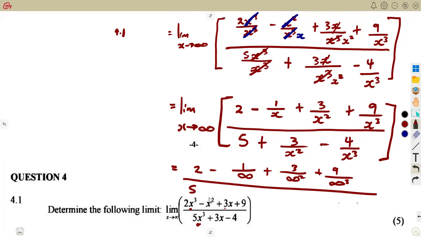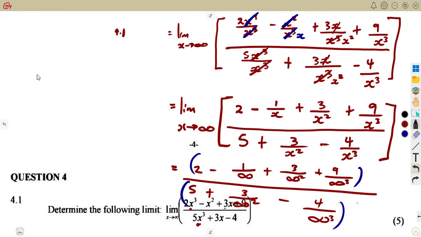So it was going to be 5 plus 3 over infinity squared minus 4 over infinity cubed. Just substitute, guys, as you see here in place of x.